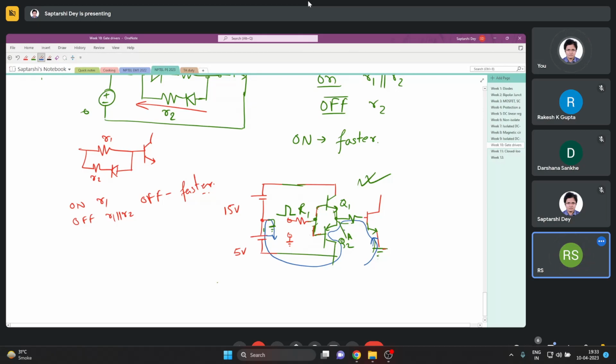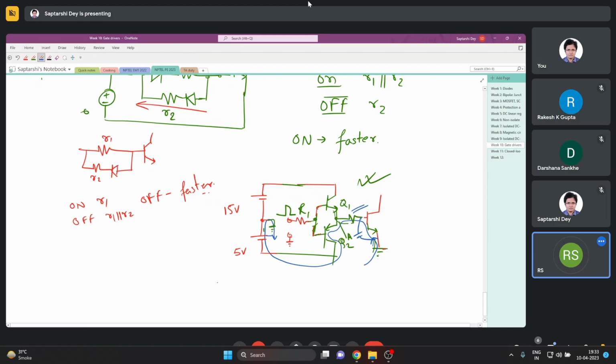The capacitor stored energy is dissipated in this resistance, and then it is charged with a 5 volt polarity but in reverse direction.